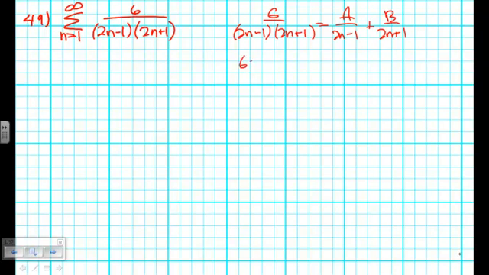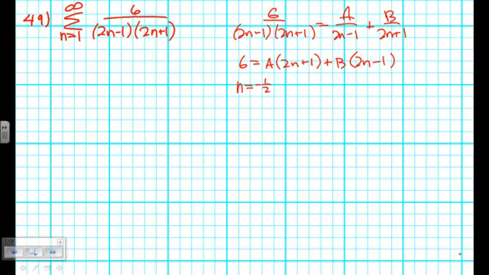So this is 6 is equal to A times (2n plus 1) plus B times (2n minus 1). Everyone okay with that? Yeah. So let's make n equal negative 1/2 to start out.